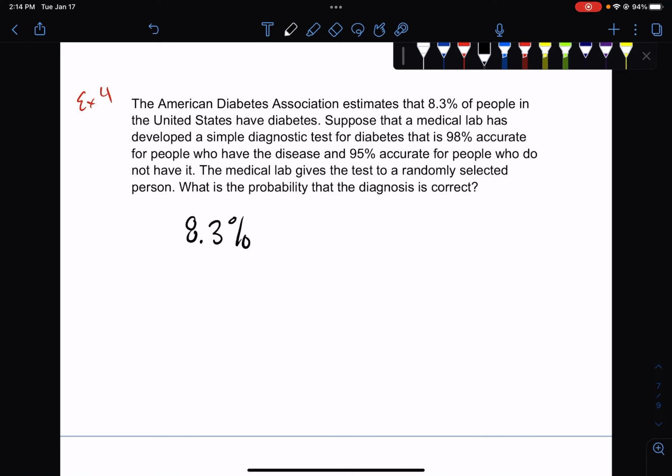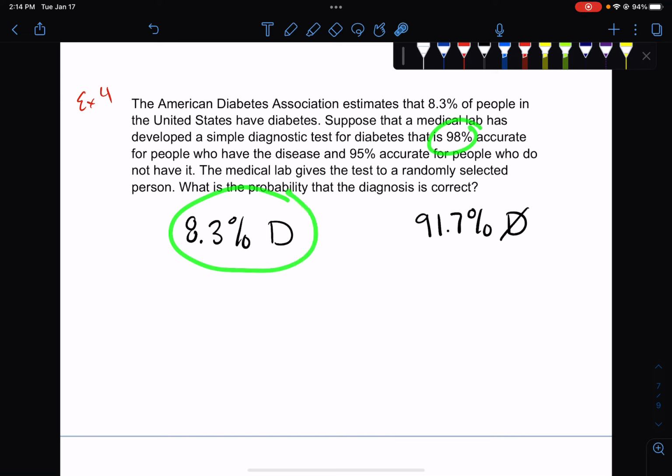8.3% have diabetes in the country. Well, that means that 91.7% don't have diabetes, right? Suppose that a medical lab has developed a simple diagnostic test for diabetes that is 98% accurate for people who have the disease. So it's 98% accurate, but only for this group.